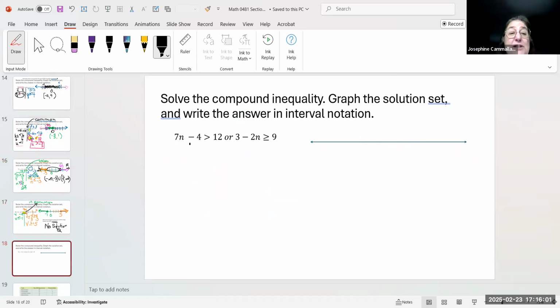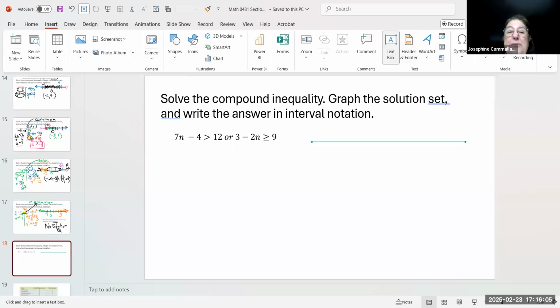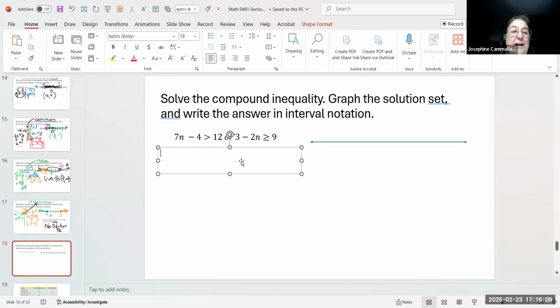Now, again, for some reason, I lost 2 slides, and I'm going to have to put this back. So this is 3c plus 11 is greater than 2, or a negative 4c is greater than -8.